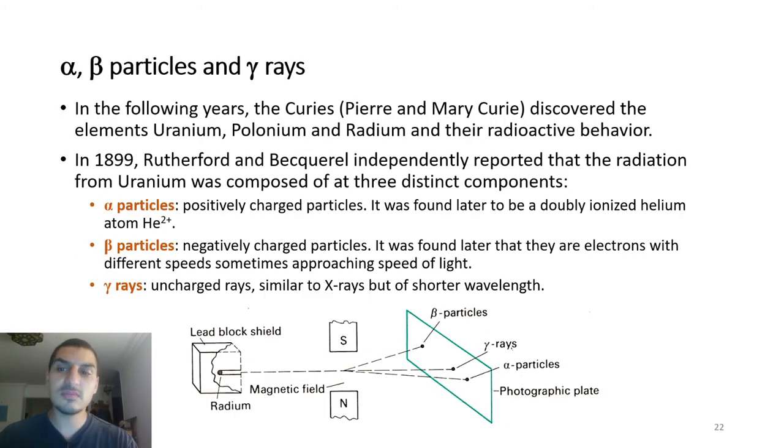In the same period of time, the very famous scientists Pierre and Marie Curie did experiments on radioactive materials, and they explored materials like uranium, polonium, and radium. By the way, polonium is an element that they discovered themselves, and they named it polonium because they were from Poland.